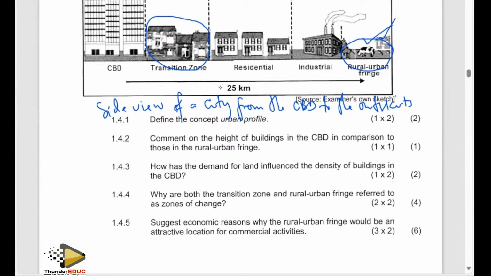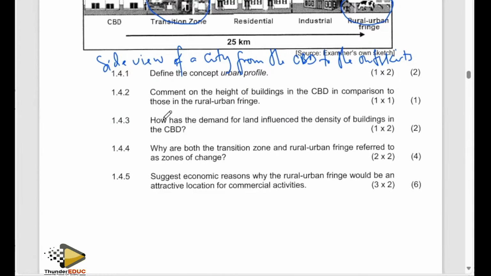If we check this one here, the zone of transition, right? It is marking a change in land use.